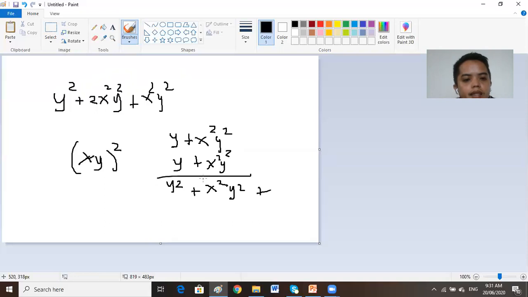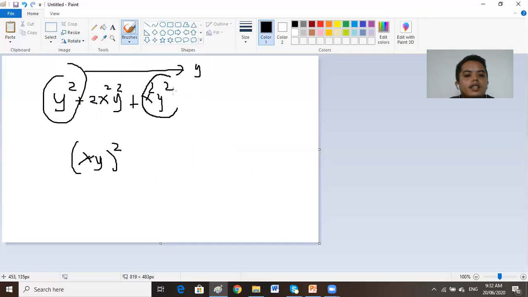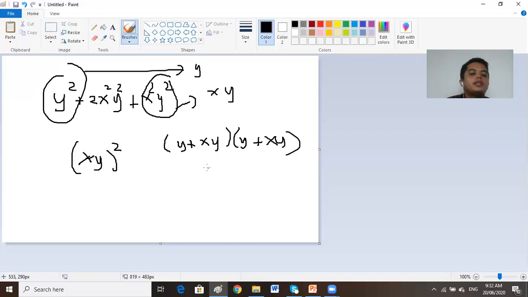Y plus xy, correction. So this is a perfect square trinomial. What is the square root of y squared? That is y. And this is the third term. What is the square root for that? That is x and y. So therefore, the factor is y plus xy, and then y plus xy. So that makes it a perfect square trinomial.